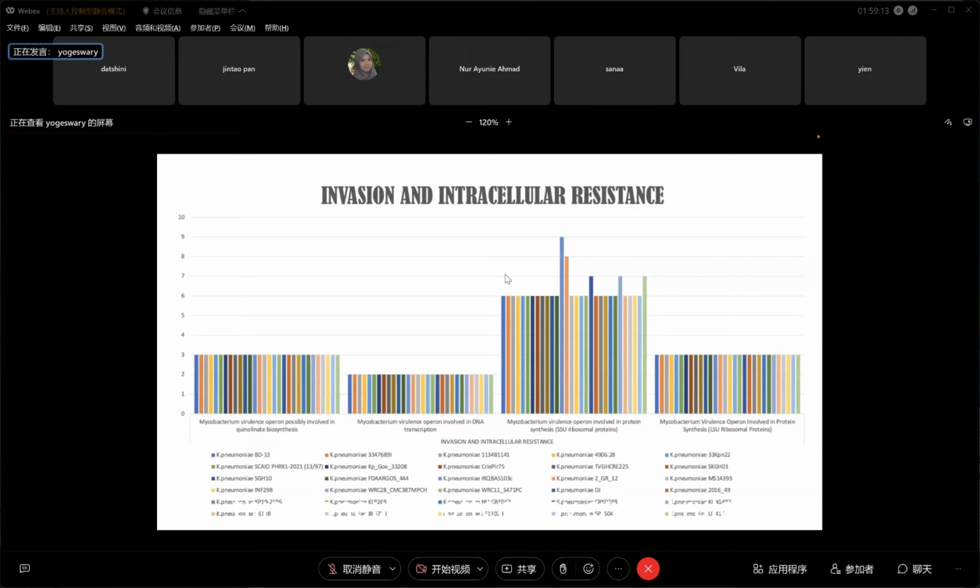These operons often play crucial roles in the pathogenesis of bacterial infection. Then for the Mycobacterium virulence operon involved in DNA, there is no direct evidence of the specific Mycobacterium virulence operon influencing Klebsiella pneumoniae pathogenicity through the DNA.